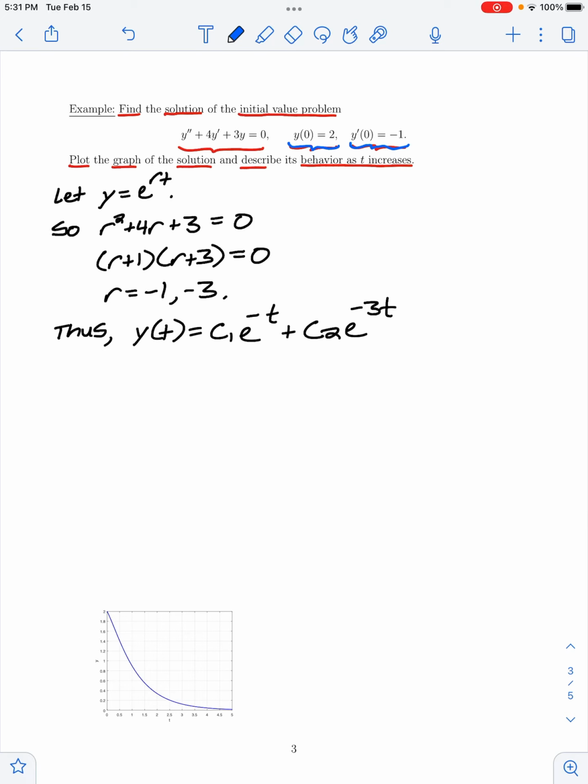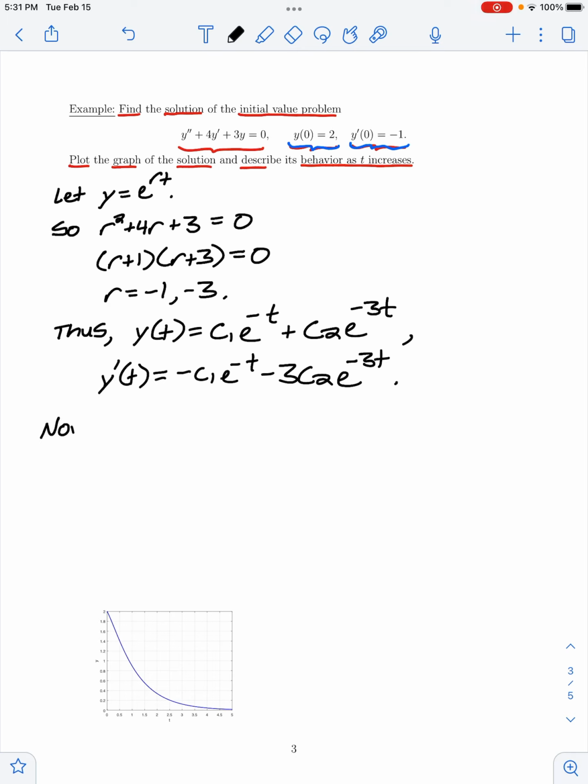So if I want to make use of that second initial condition involving the derivative of y, well, I'm going to need to find my derivative, y prime, of this general solution. So by the chain rule, our derivative would be -1 c1 e to the -t power minus 3 c2 e to the -3t power.